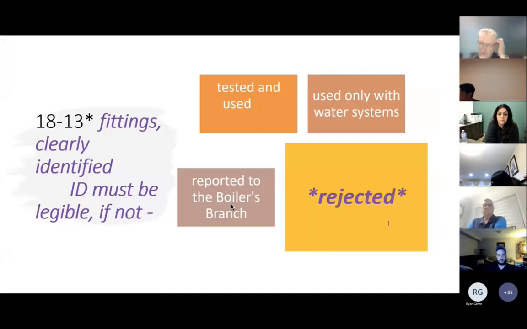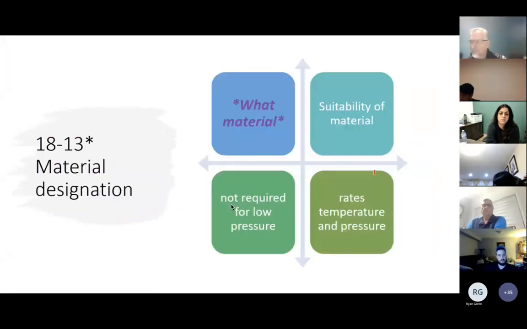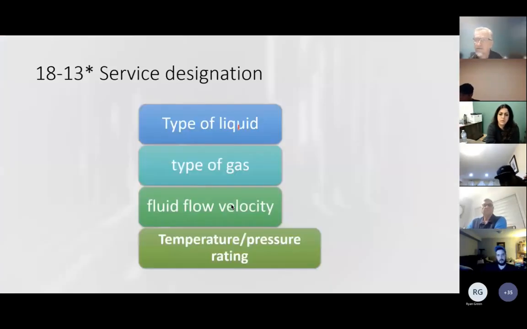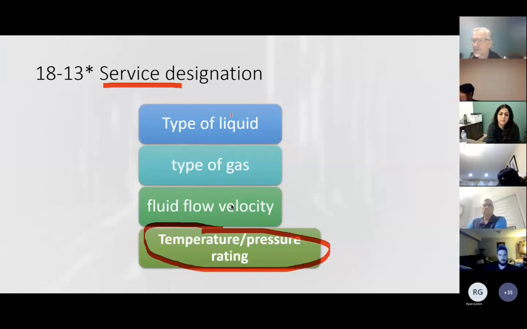If not clearly identified, you're going to throw it away. Okay, send it back. What is material designation? It's just what is the material? What is it made of? Service designation: temperature, pressure rating. Okay.